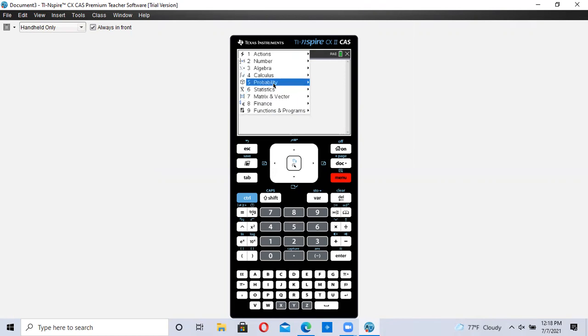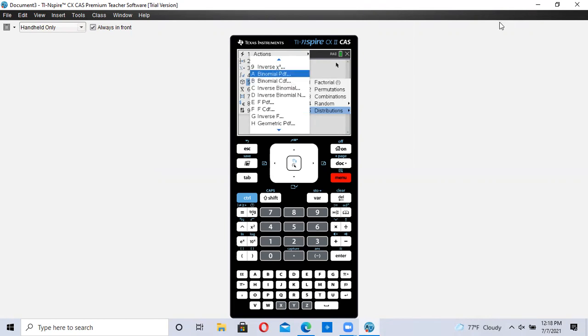Menu, 5 probability, 5 distribution, and then A or B. A is binomial PDF, B is binomial CDF, and we'll see from the table the difference between the two.